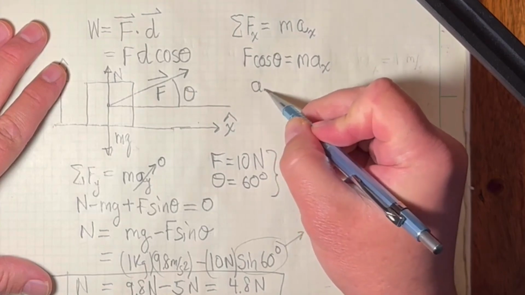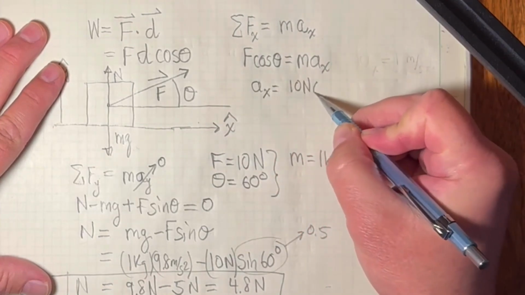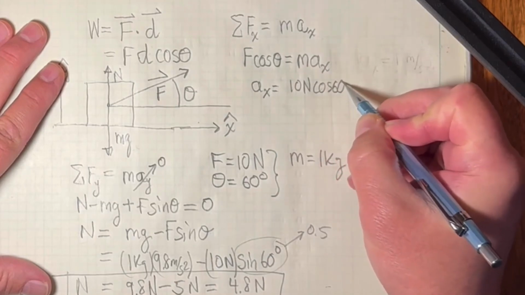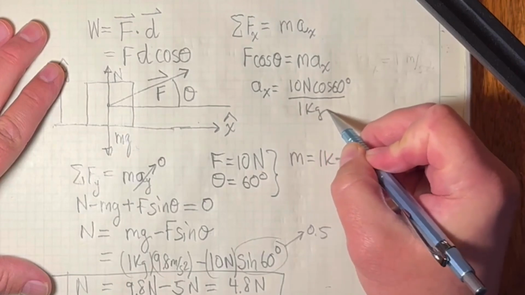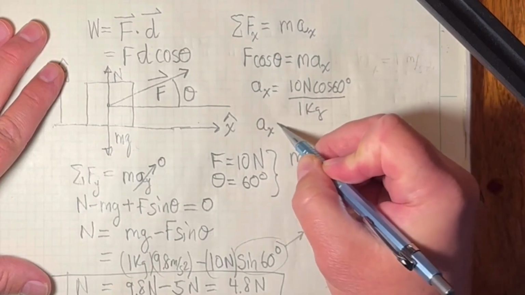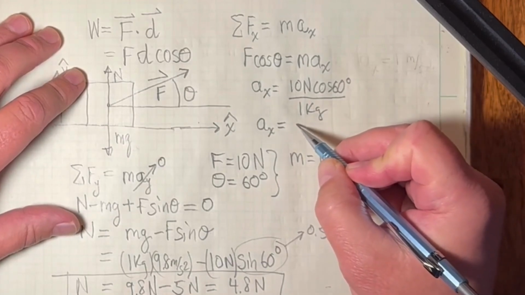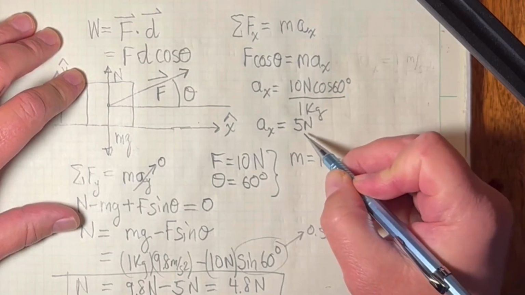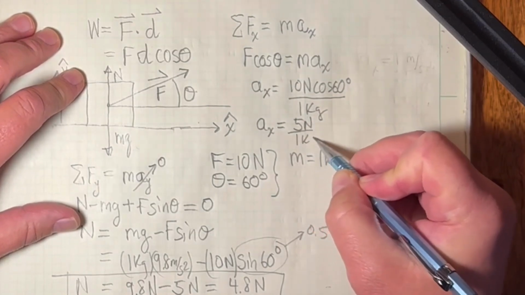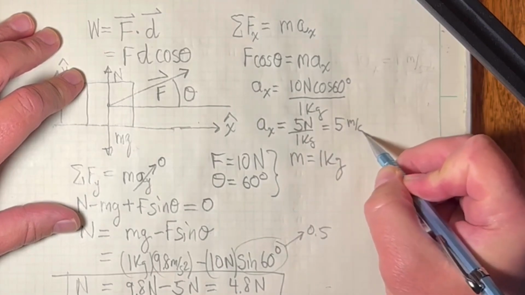So what's the acceleration in the x direction? It's equal to 10 newtons times the cosine of 60 degrees divided by 1 kilogram. Cosine of 60 is 0.5, so this is 5 newtons divided by 1 kilogram, which is equal to 5 meters per second squared.